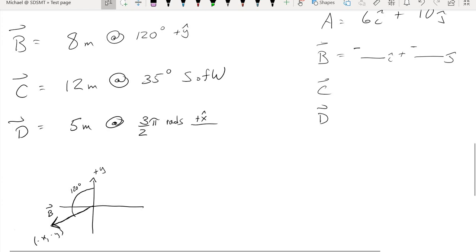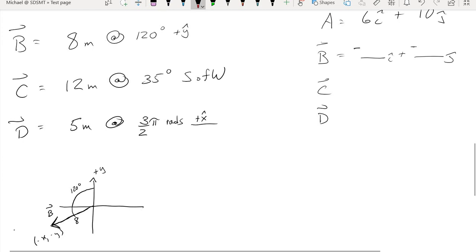And now we have to figure out how to take that 8-meter magnitude and get the components out of this, especially since the angle that we were given is bigger than 90 degrees. I can't fit an angle larger than 90 degrees into a right triangle, and I need a right triangle to use the trig to give me the components that I need.